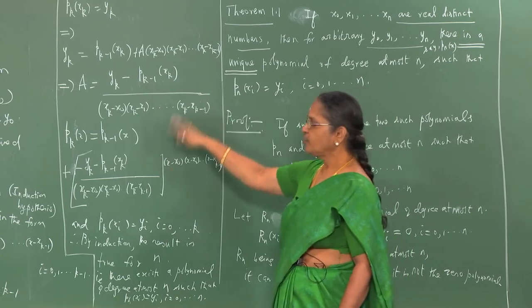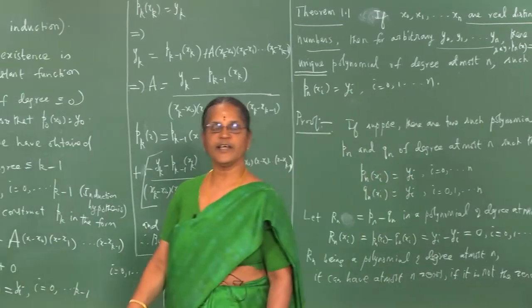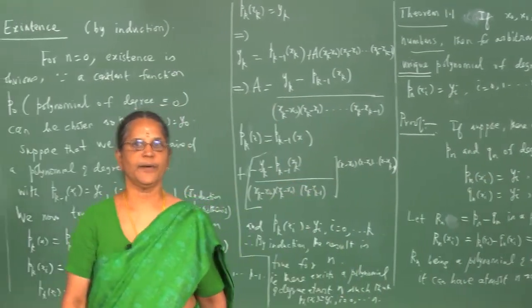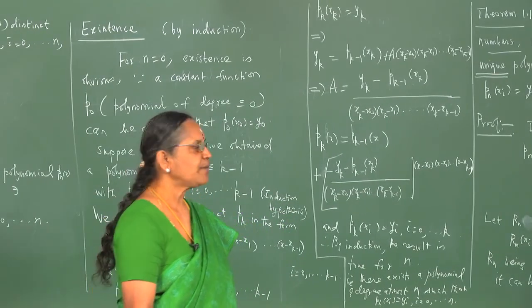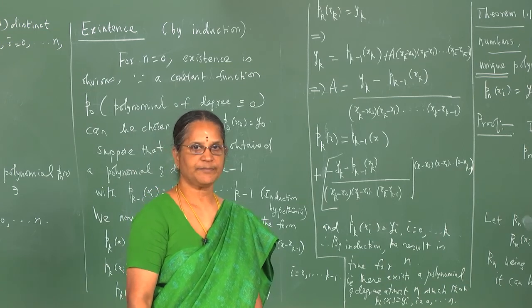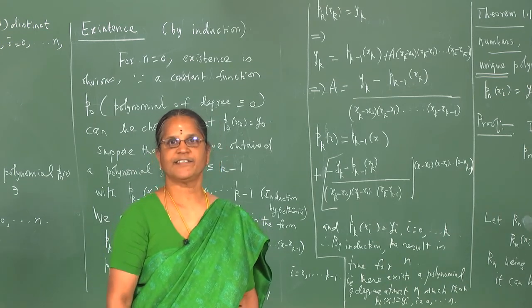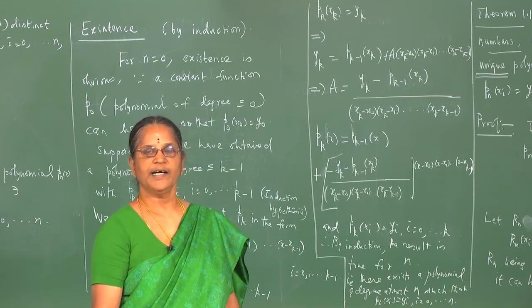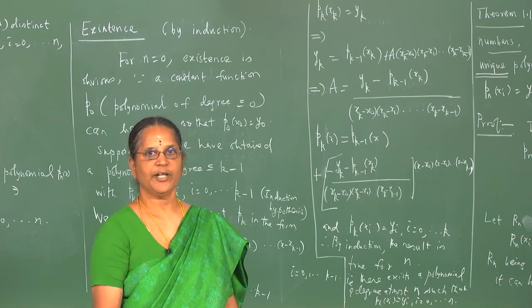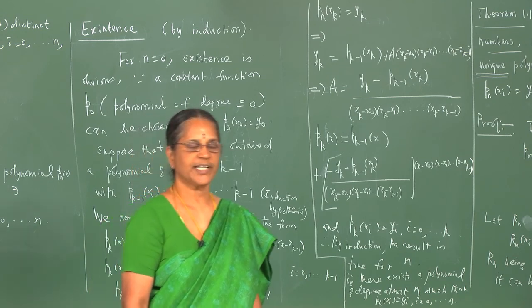The polynomial so constructed is called an interpolation polynomial that interpolates the function at a set of these n plus 1 discrete points. So, now we have answered this question. Yes, there exists a polynomial, and this polynomial is a unique polynomial satisfying the condition.